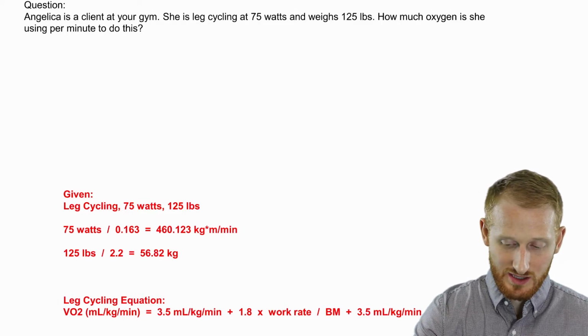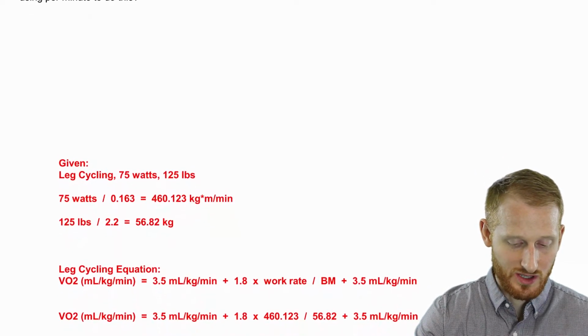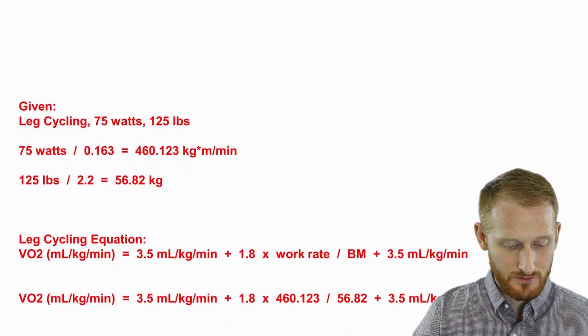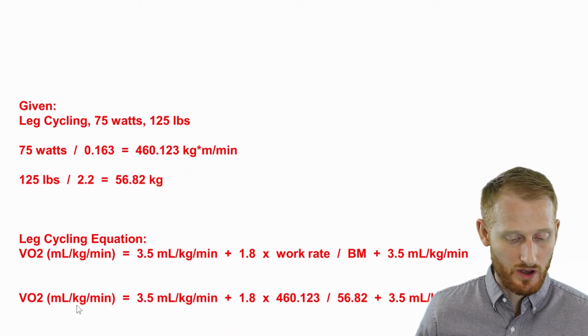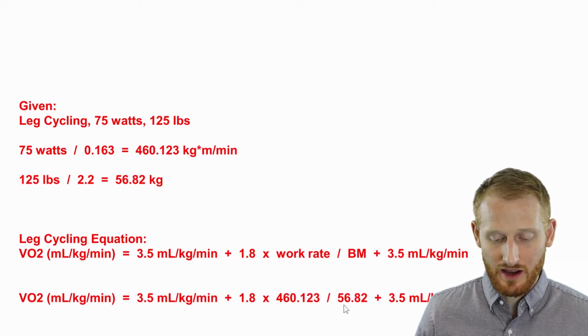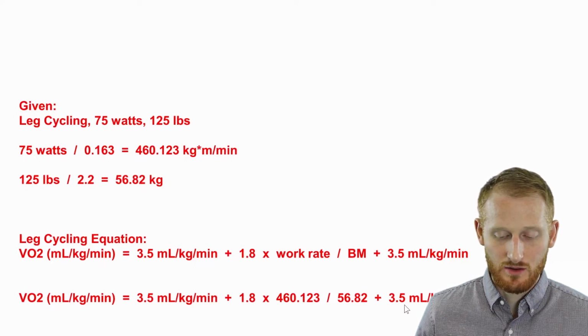So we're going to substitute in our values for each of these. We end up getting VO2 equals 3.5 plus 1.8 times 460.123 divided by 56.82 plus 3.5.